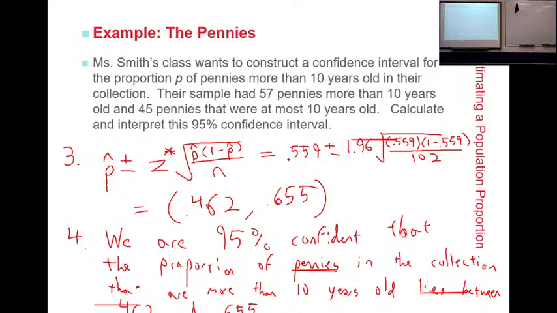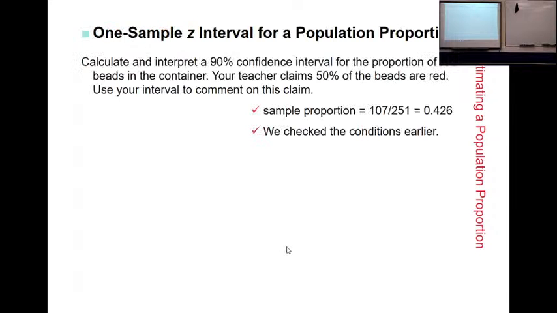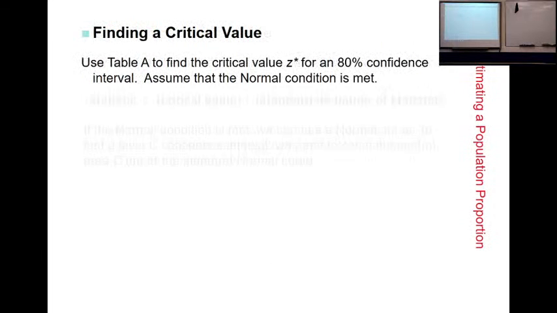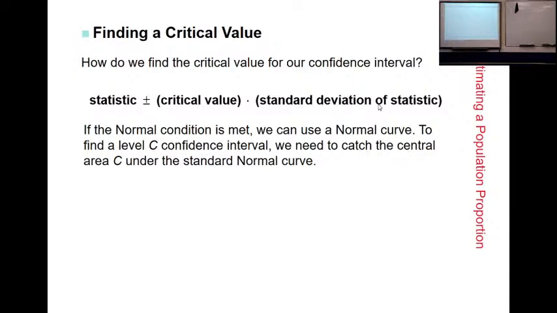To your question about formulas. The formula you get on the AP test is this structure. You have statistic plus or minus critical value times standard deviation of the statistic.